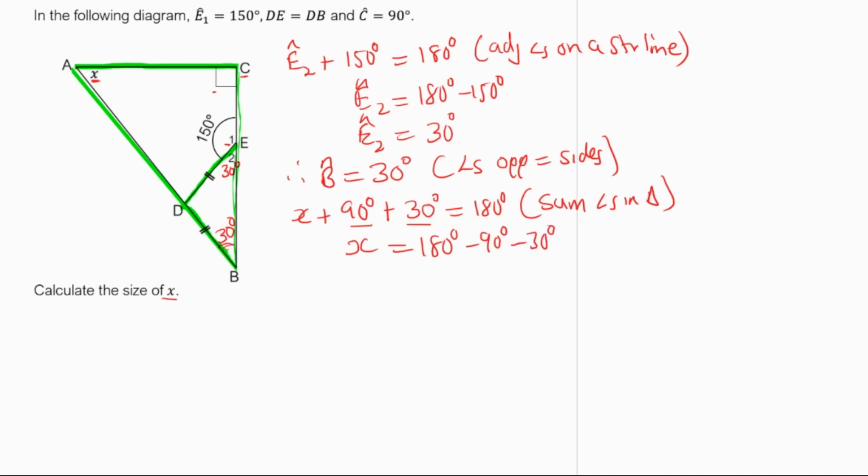But if you want, you can say X is equal to 180 degrees, then minus, and then you combine the 90 and the 30, minus (90 plus 30) degrees. Please take note of that. If you want to combine these, put them in the bracket, you're adding them there, and then minus outside. So 180 minus 90 degrees minus 30 degrees, we get X is equal to 60 degrees. Okay, so X is equal to 60 degrees.